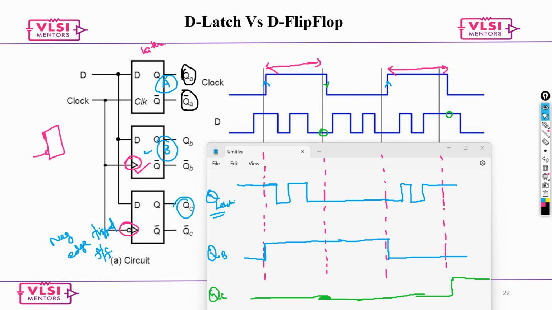When people ask us, for instance for a D latch, to write only QA bar, we check the positive edge of the latch, and then QA bar is the inversion of whatever is there.